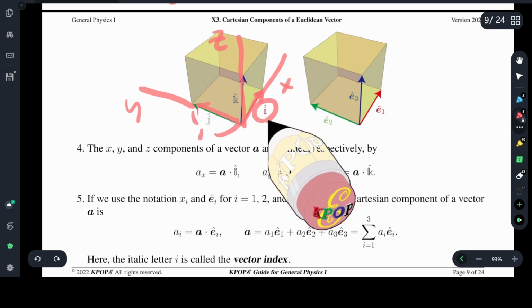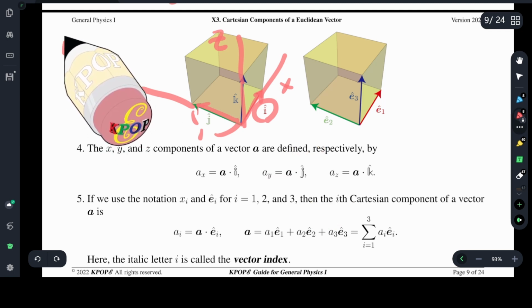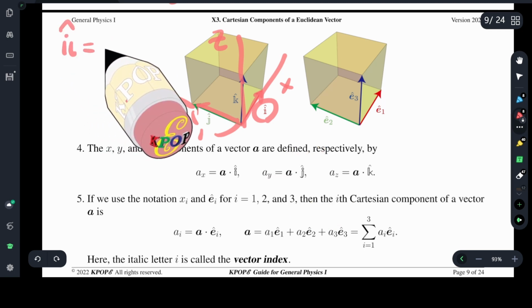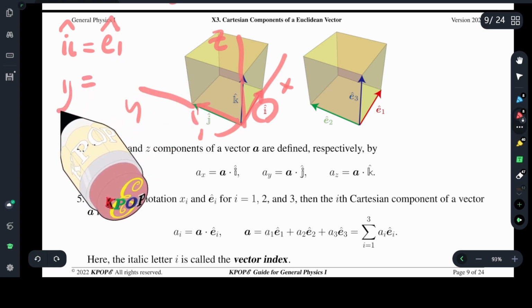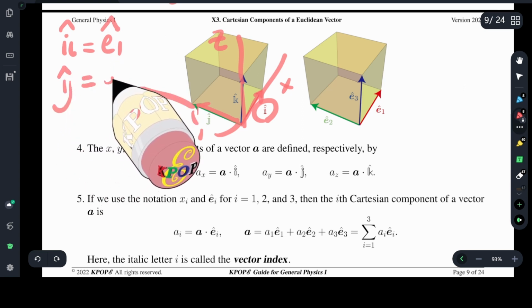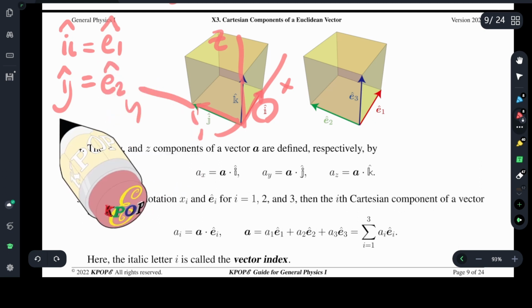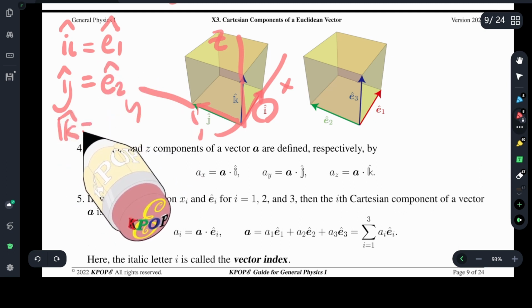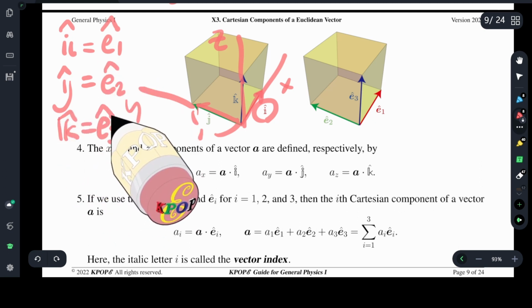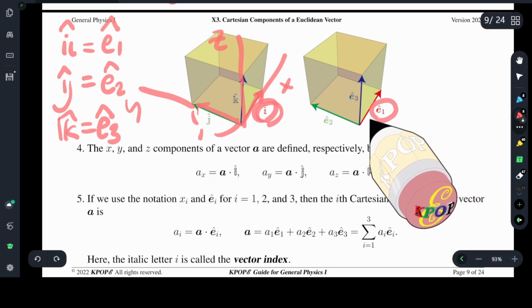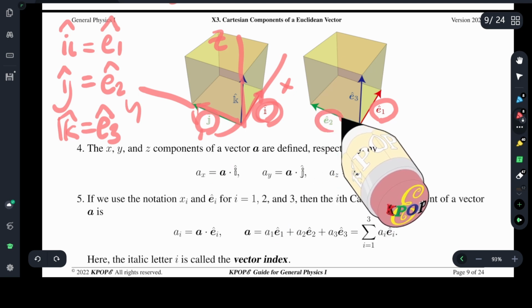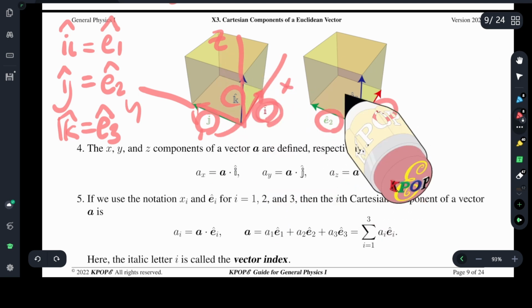Sometimes this is called E1 hat, or i hat; this is E2 hat, or j hat; and k hat equals E3 hat. This one is identical to this, and this one is identical to this.